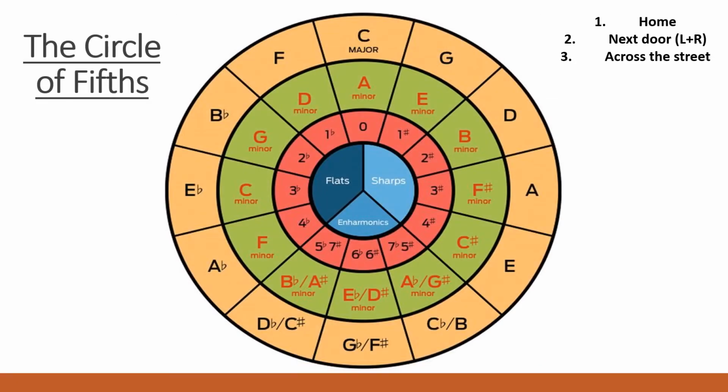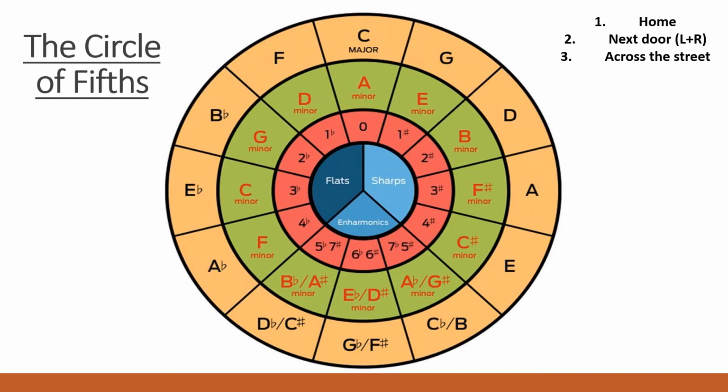Now, to create a really successful chord progression, we need to use the following strategy, and I call it the neighbours strategy. The reason I call it that is that I like to think of music as always having a home. When I'm playing a piece of music, I always think of the home key.